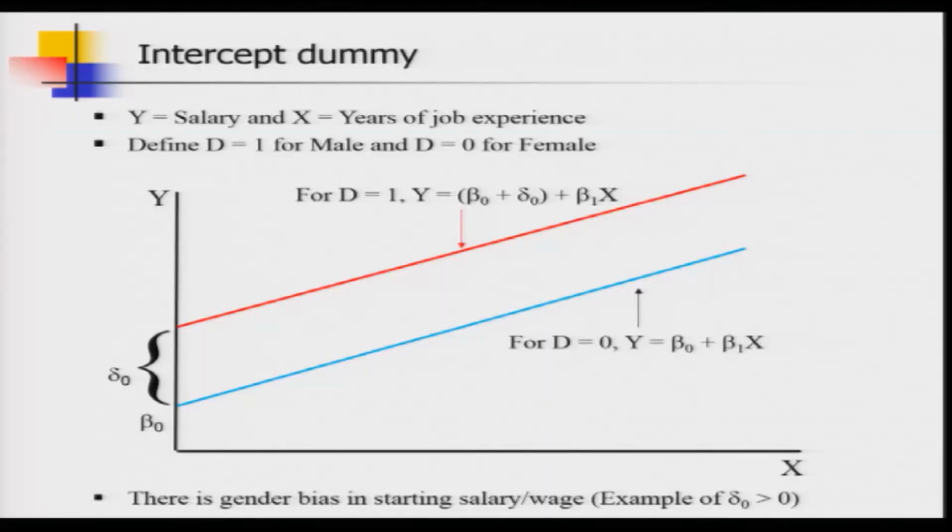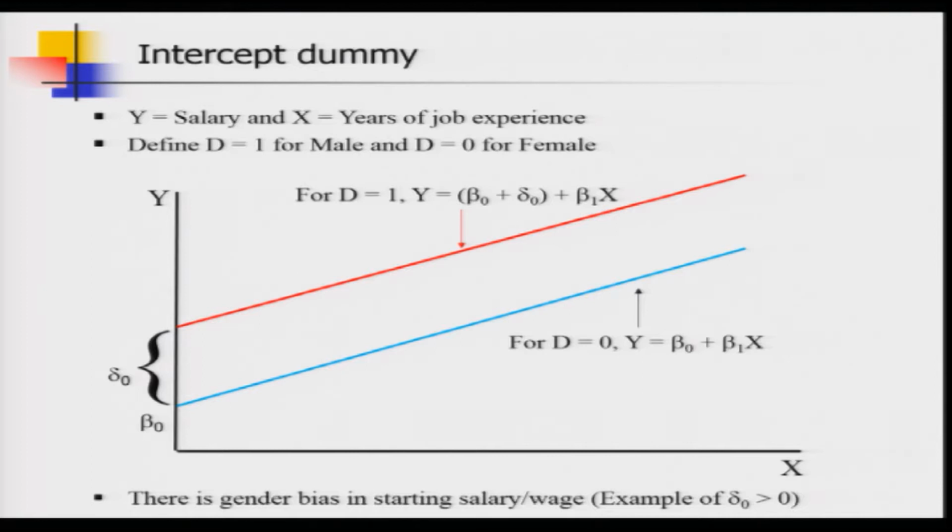So, we are going to look at this problem, and we are going to make use of a dummy variable to analyze it. Okay, so in this particular slide we have a very simple model. Here y, my dependent variable, is the salary or wage paid to a laborer, and x is the sole explanatory variable in this model, which is years of job experience.